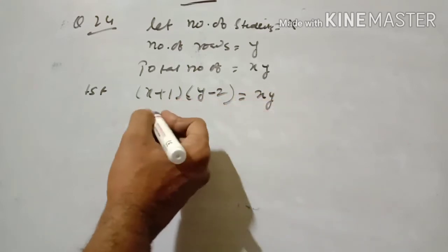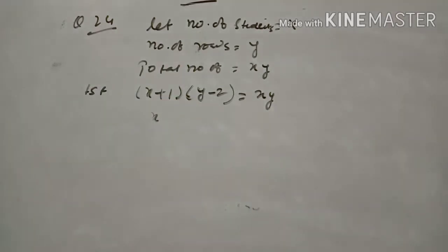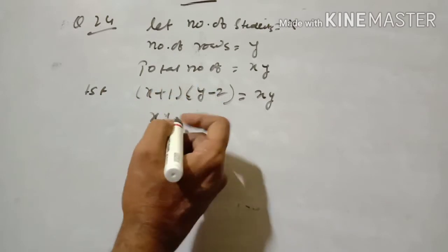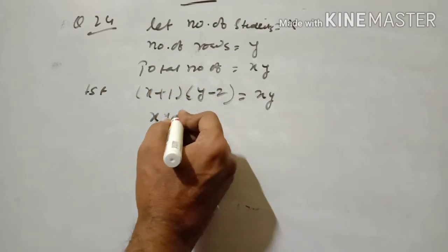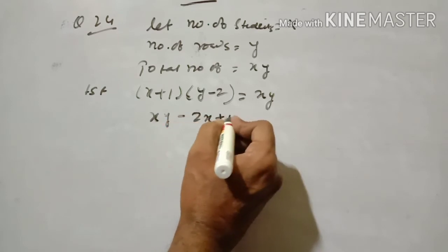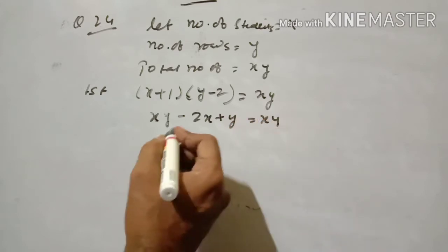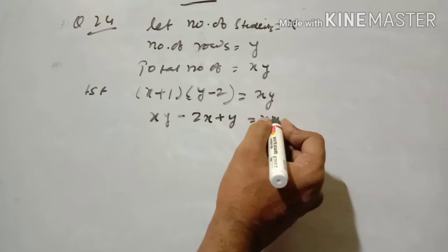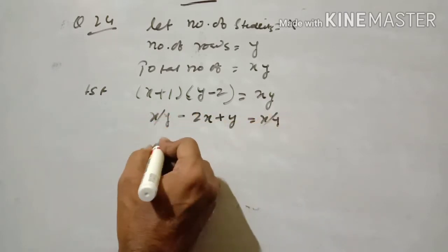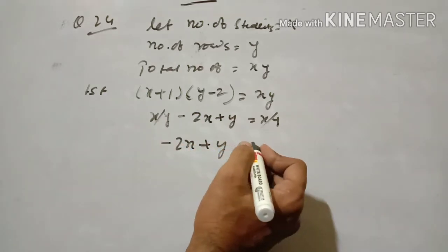So I can write: (x plus 1) multiplied by (y minus 2) equal to xy. Expanding, xy minus 2x plus y minus 2 equal to xy. So xy cancels.